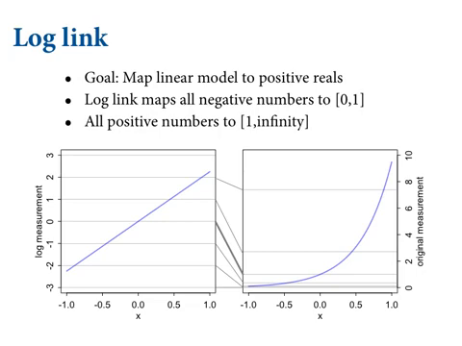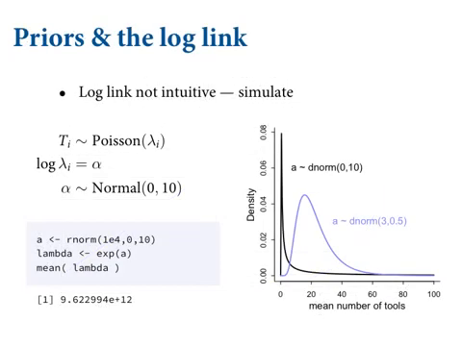That's that bold connecting line I've tried to draw, is when you go from 0 to 1. So you get this massive compression of small numbers into this tiny range. And then the other half of the real number line is from 1 to infinity. This is a really difficult measurement scale to think about and have intuitions about. And so you know what I'm about to recommend, right? That's right, simulation. You should simulate to understand the implications of these link functions.